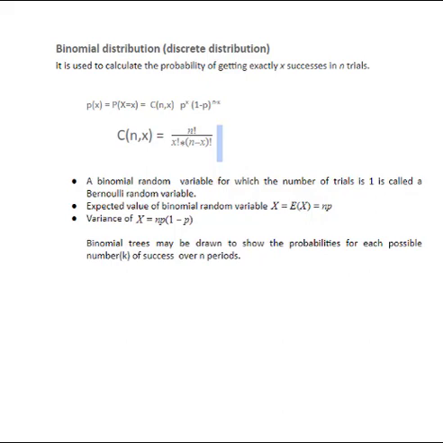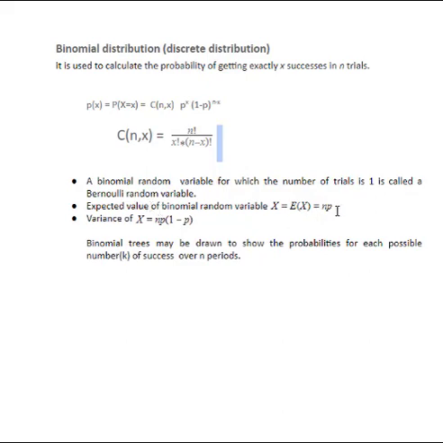A binomial distribution where the number of trials is equal to 1 is also called a Bernoulli random variable. We can say it is a special case of a binomial random variable. But the important point is that the expected value of a binomial random variable is np.